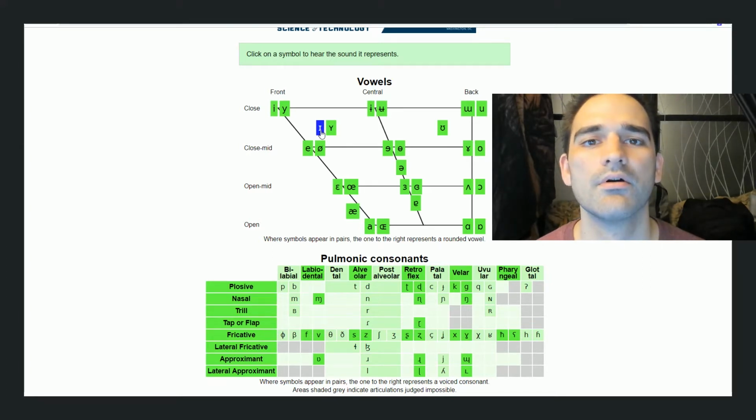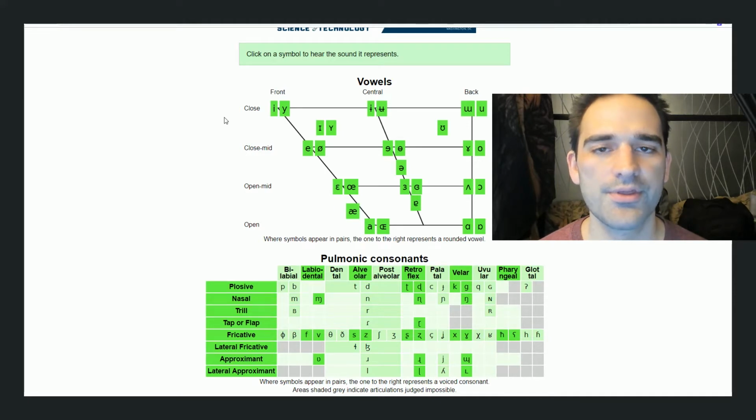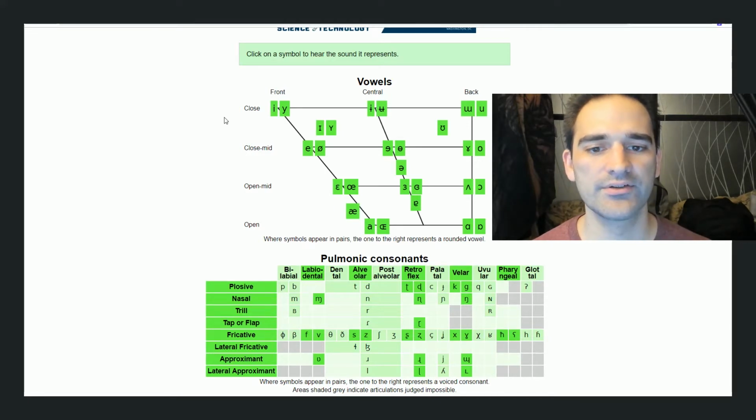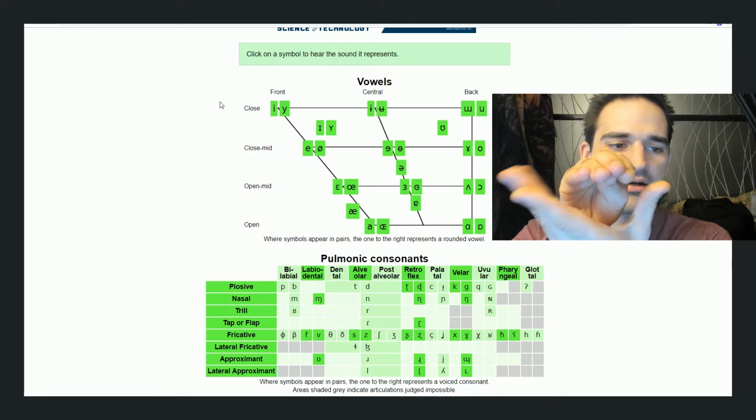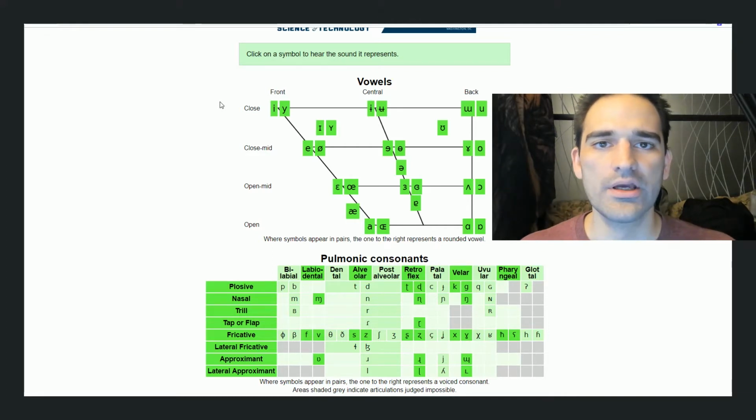Rip. Notice how E is different from E. Now, one thing you may find quite obvious is that when I make this E sound, I'm sort of smiling more. The lips get wider. But if I go, they tend to stay closer.